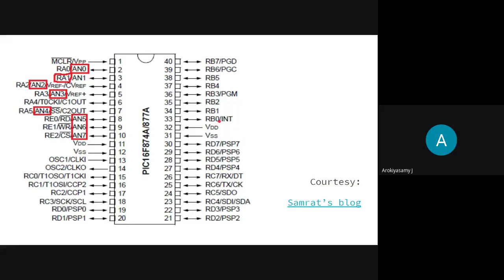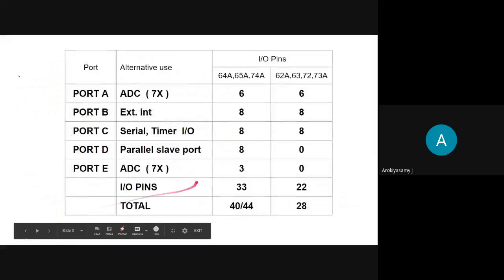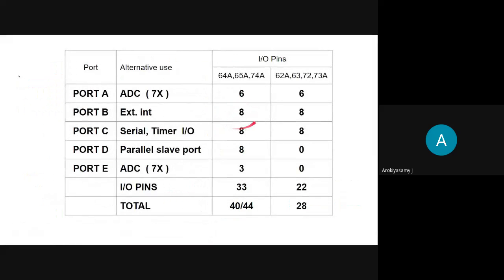RB0 means the 0th bit of port B, then first bit, second bit, third bit of port B, likewise 4th, 5th, 6th, 7th. So there are 8 lines of port B, from pin 33 to 40. That is why it is written here: port B consists of 8 pins.